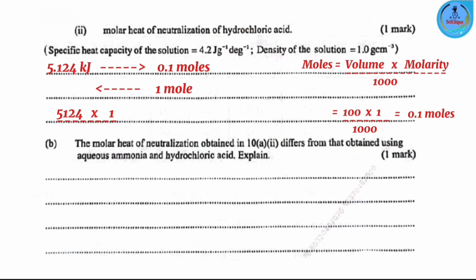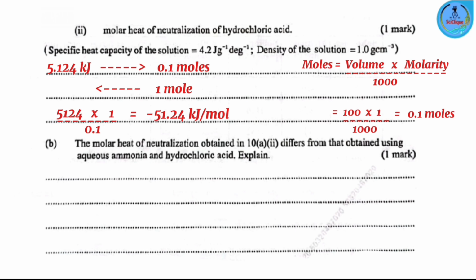So if this produces that, what about 1 mole? And our final answer is going to be negative 51.24 kilojoules per mole. So these are the kilojoules of heat energy that will be released when 1 mole of hydrochloric acid is used. Don't forget the negative sign, okay?